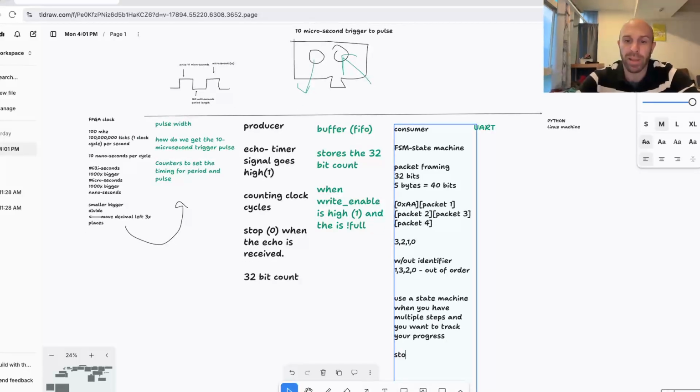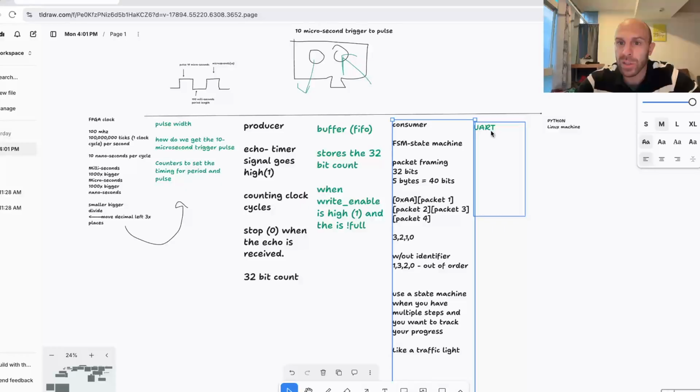So like a stoplight, a traffic light: red is stop, yellow is caution, green is go. So that's what we'll be doing in our consumer. That signal now has to be serialized. And it goes to the UART, the Universal Asynchronous Receiver Transmitter.